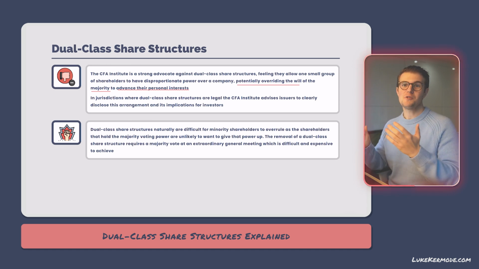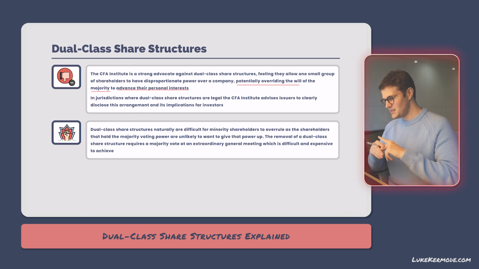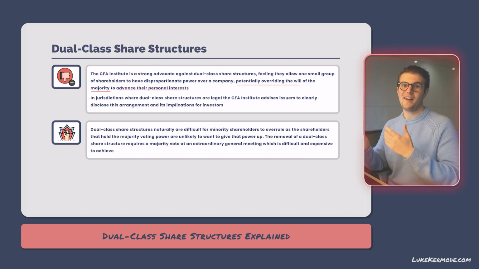So it will go to an extraordinary general meeting, and in all likelihood the Class B shareholders will vote against that amendment. So once a company adopts a dual class share structure, it's quite unusual and unlikely for it to pivot back to a single class share structure, because those that have the power and control the strategic direction of the company are not going to want to give that up.